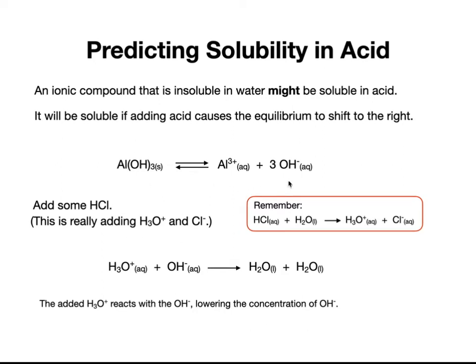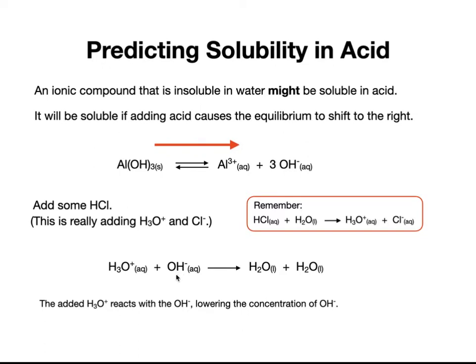If we have this equilibrium and we add an acid and that acid reacts with the hydroxide, what's happening to the hydroxide? It's being used up, right? So what happens if the concentration of the hydroxide is lowered? The equilibrium is going to shift to the right. How is the hydroxide being removed?